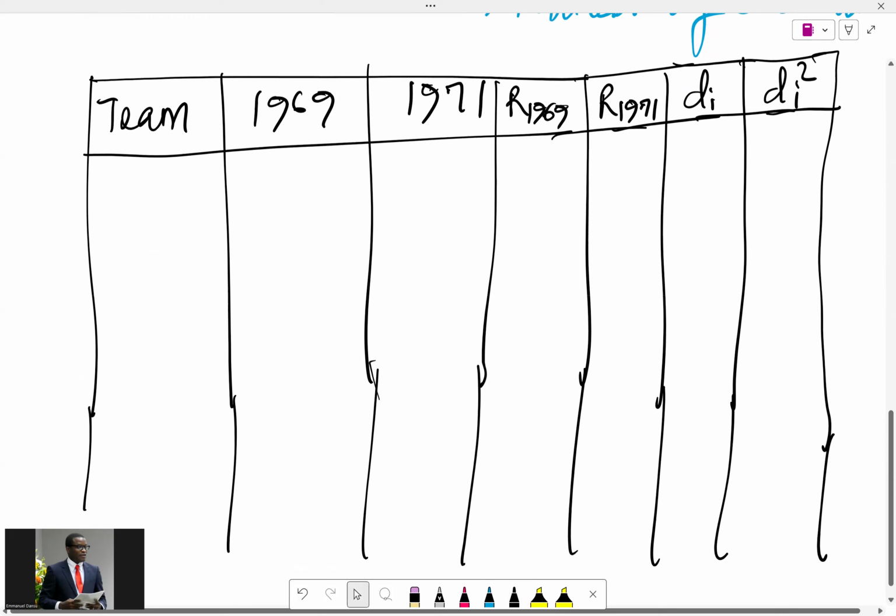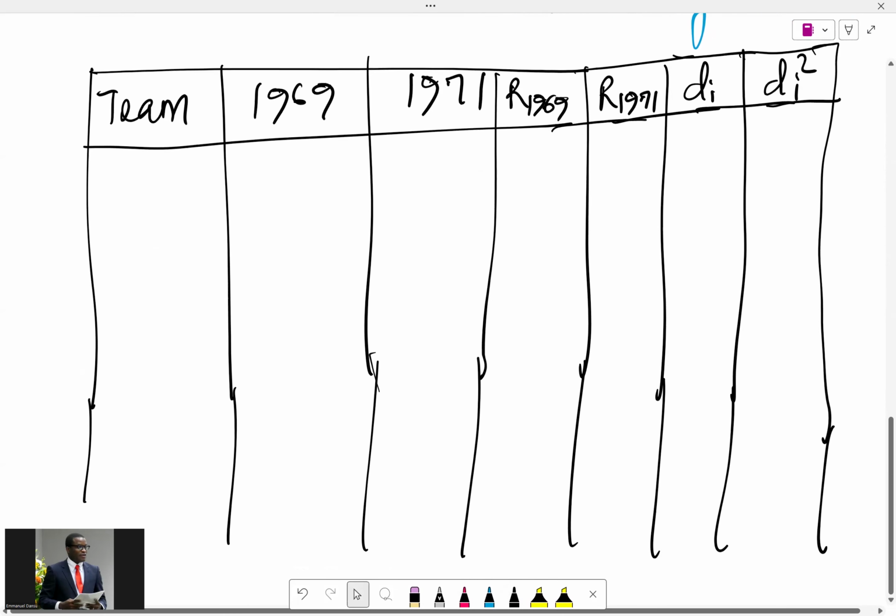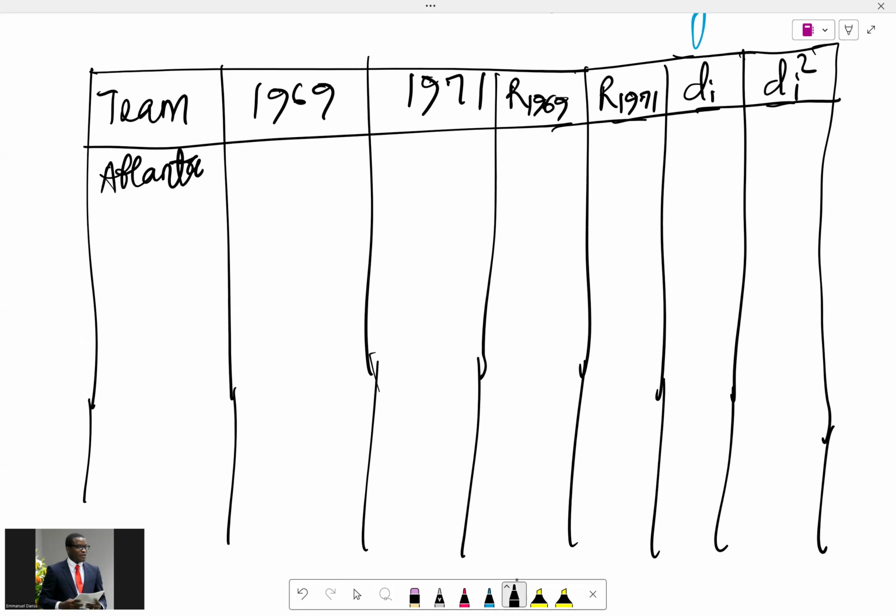So let's start. Let's fill in the values. It's actually a lot, but let's do it. The first is Atlanta.